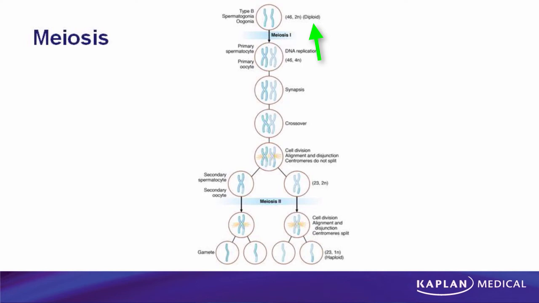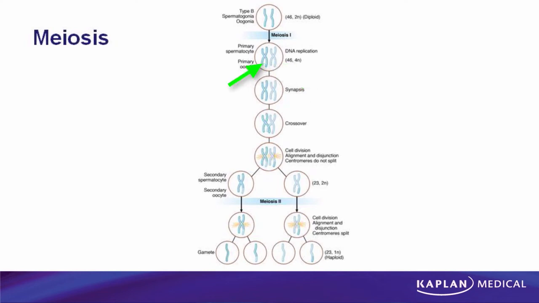When that DNA is replicated, and we've now doubled the amount of DNA in each chromosome, that means we'll still have 46 chromosomes. 46 stays the same, but each chromosome will have twice as much DNA as it did before. And we can see that represented by the fact that each chromosome will now have two strands.